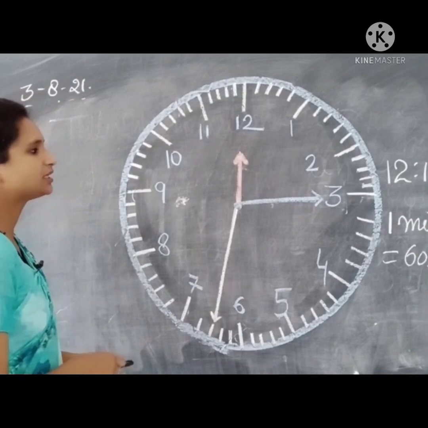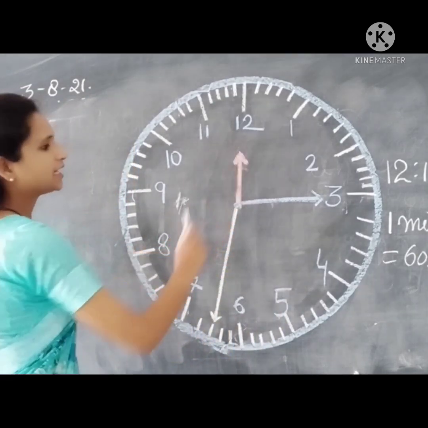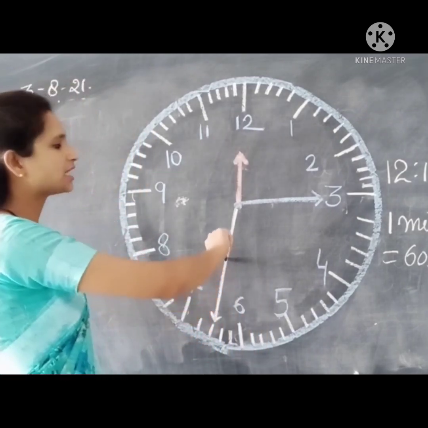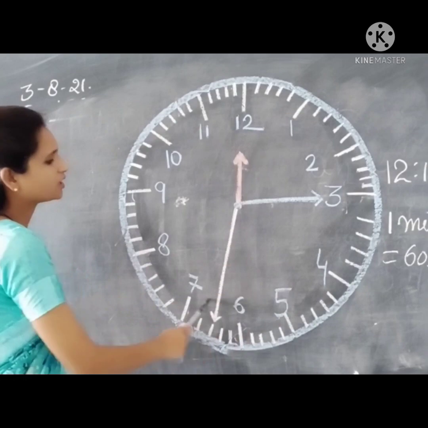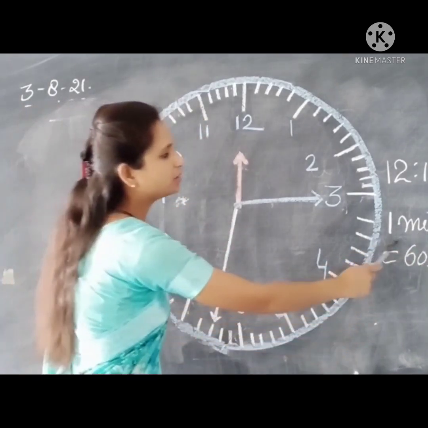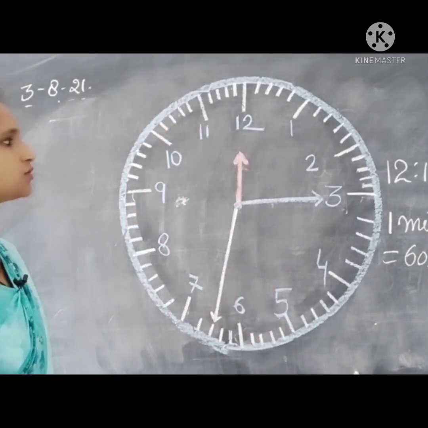Similarly, when the minute hand moves once round the clock, it is 1 hour. So when the seconds hand moves round the clock once, it will be 1 minute, and 1 minute is equal to 60 seconds. So now you got it.